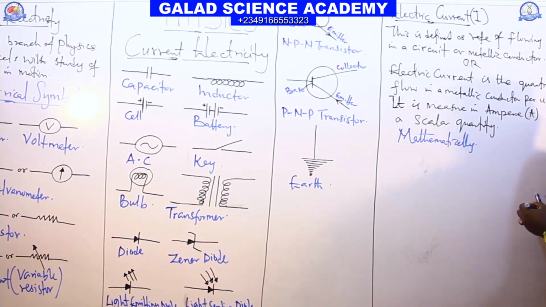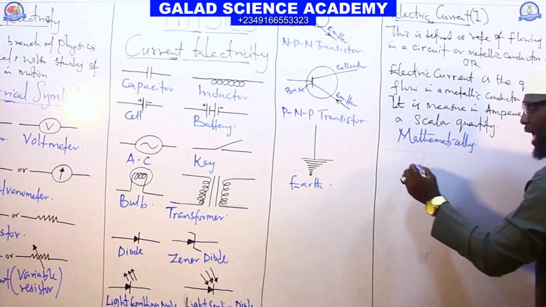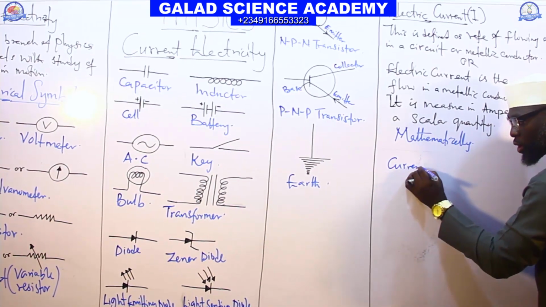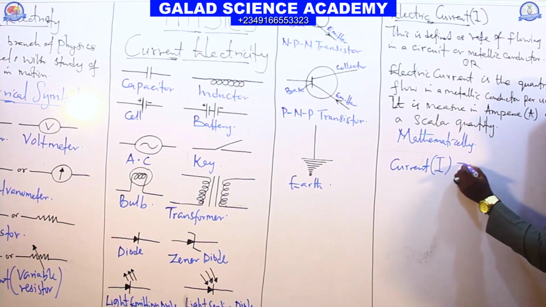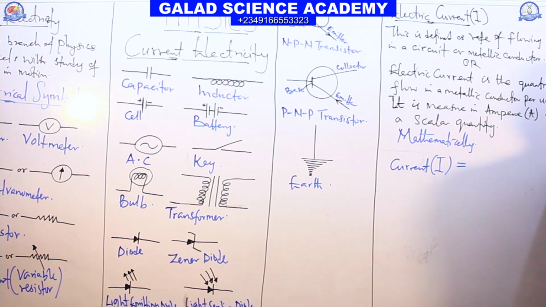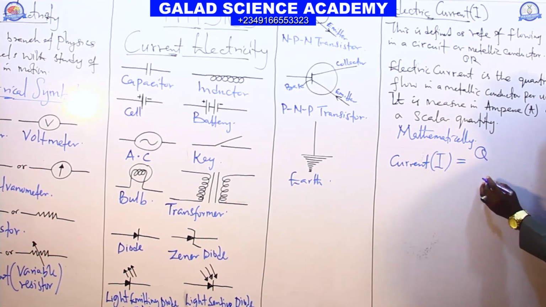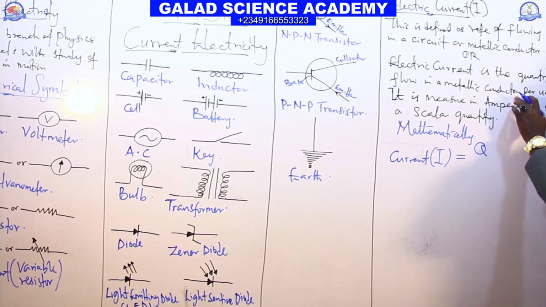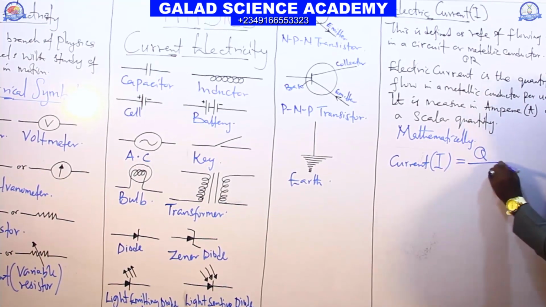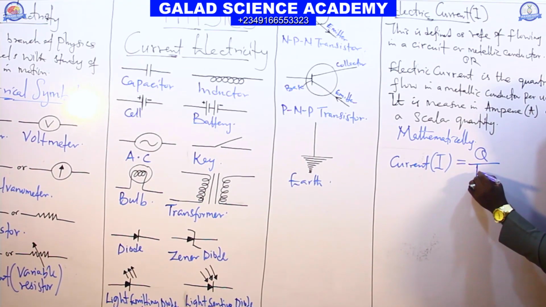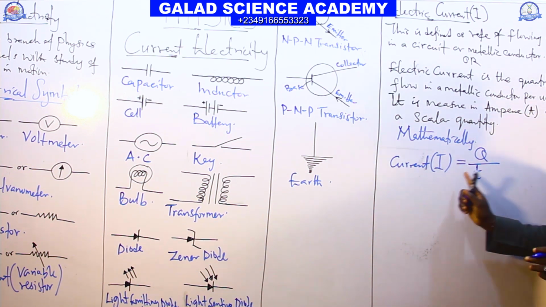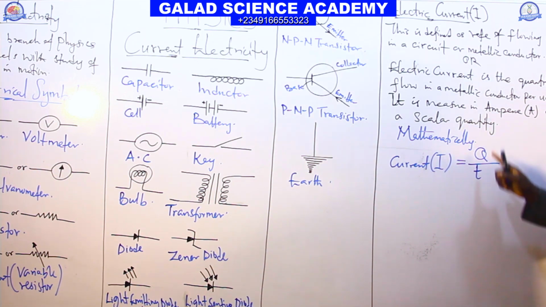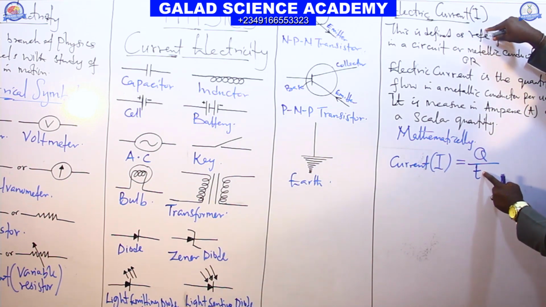Current is known as I, and is equal to the quantity of charge Q flowing in a metallic conductor per time. Per means divide, per time. So the current is going to be Q over T. From the first definition, the word rate means over time.